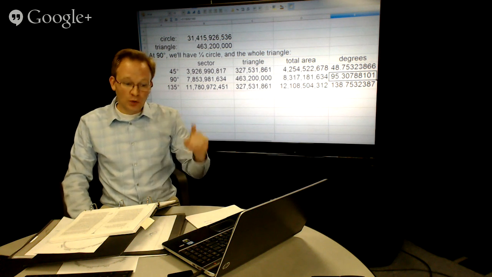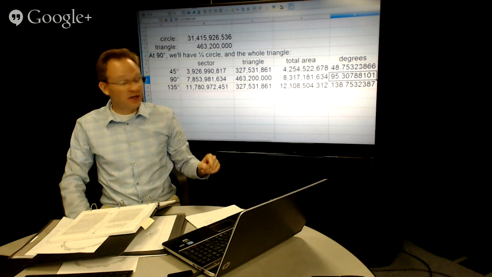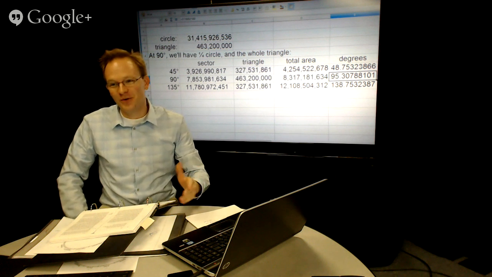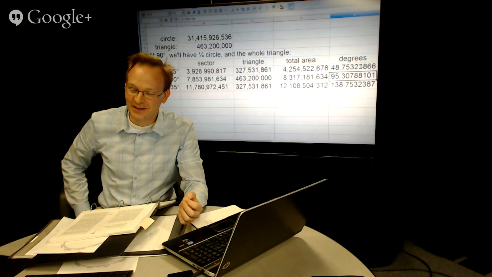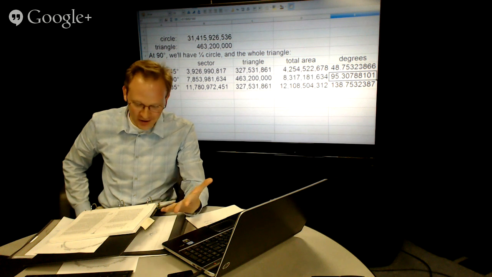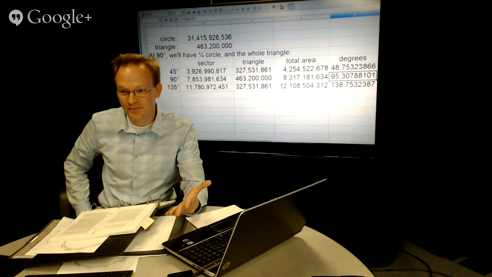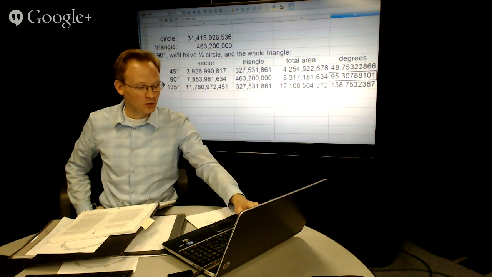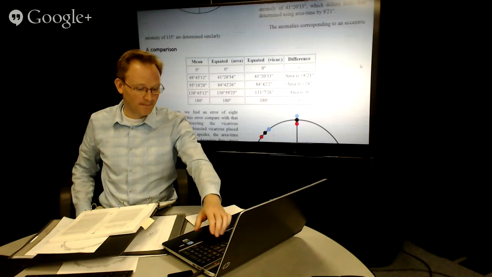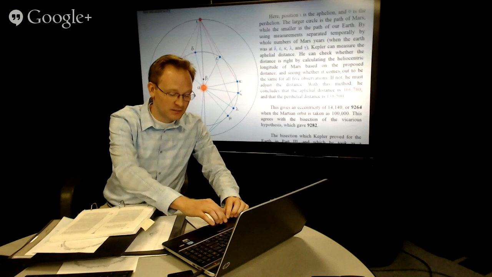So what we would now do is take those. Oh, we still have to calculate the equated anomaly. We still have to calculate where the sun would see Mars. So how do we do that? Back to that picture.